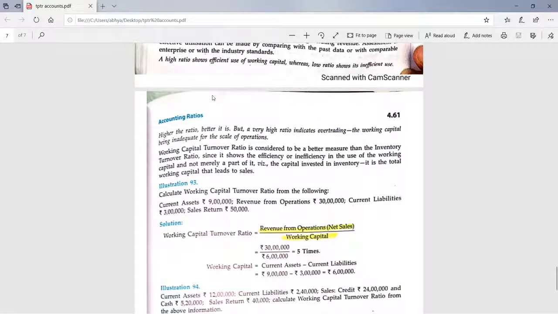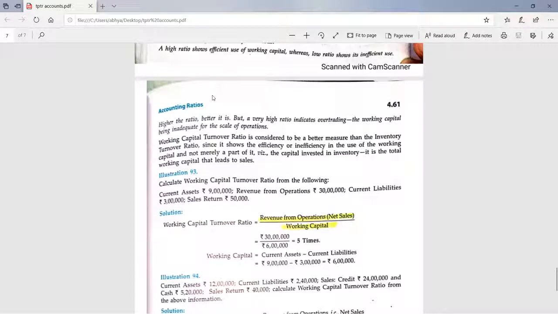Do the next question: current assets 12 lakh, current liabilities 2 lakh 40,000, credit sales are given as 24 lakh, cash sales 5 lakh 20,000, and sales return is also given. So two variables are there, and you have to calculate both. RFO upon working capital. What is the formula for RFO?